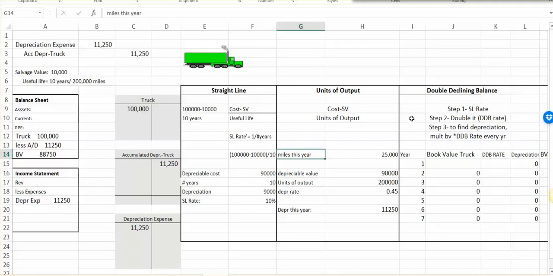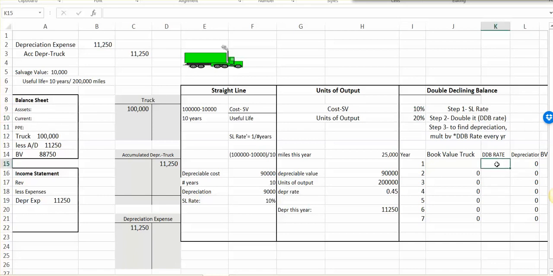And so let's go through those steps very quickly. First of all, the useful life of this asset is 10 years. And so to find the straight line rate, you'll just say 1 divided by 10 is 10%. Make that into a percent. And then when you double it, that's 20%.